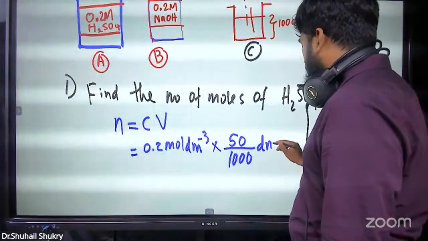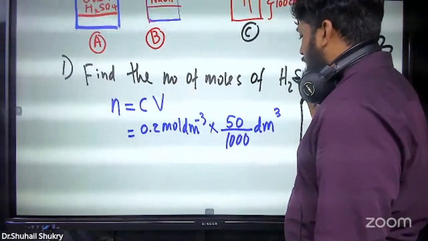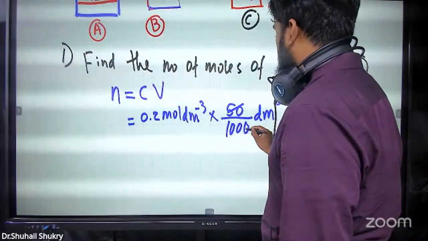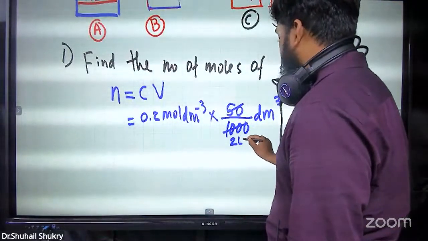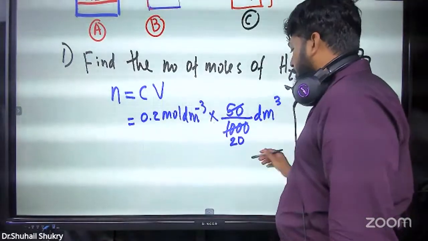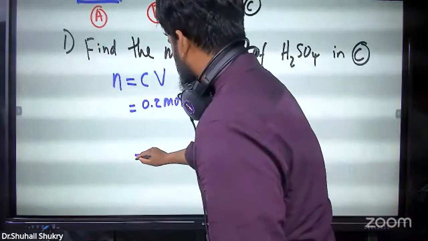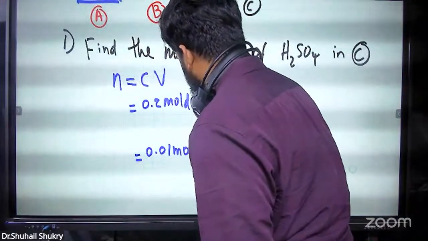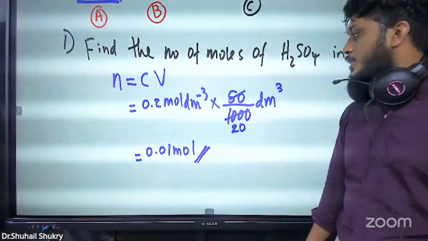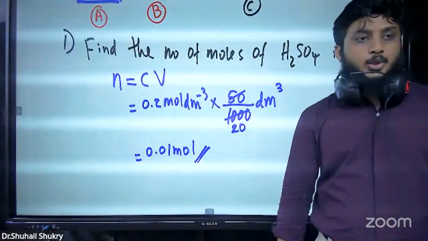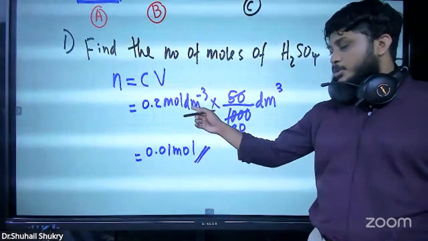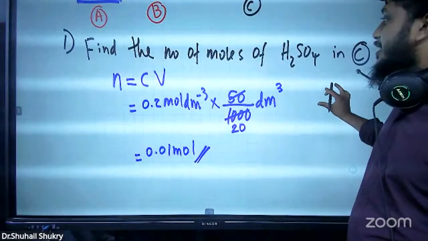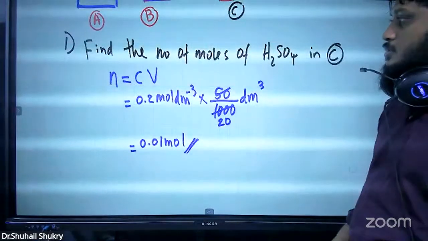I can simplify this: 50 and 1000, we get 20 here. 0.2 divided by 20, we get 0.01 mol. If you have a problem with division, divide slowly. 0.2 divided by 20. So we found the number of moles of H2SO4.